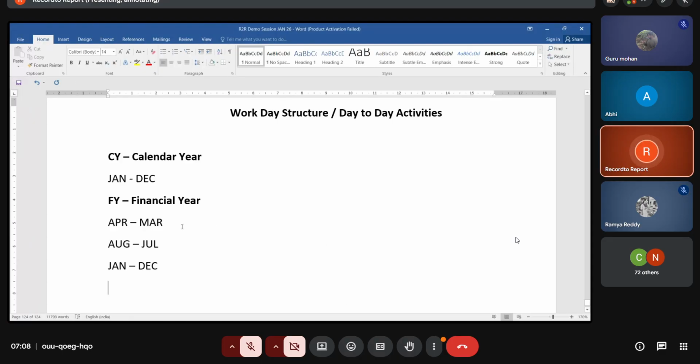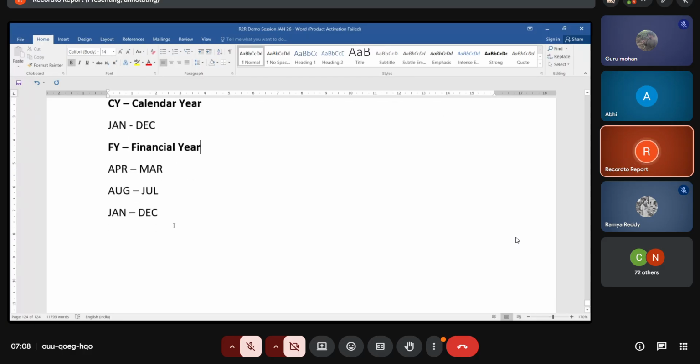Most of the companies are US-based, and they follow August to July. Companies originating from Germany and Singapore follow January to December, guys.